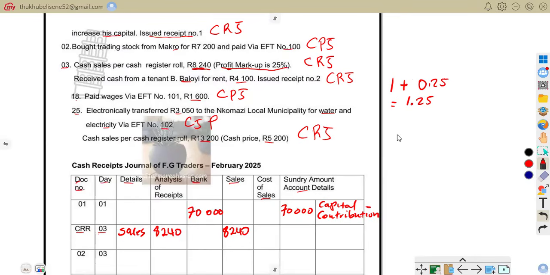So now we are going to say 8,240 divided by 1.25. And this will give us, let's just calculate it, this will give us 6,592.